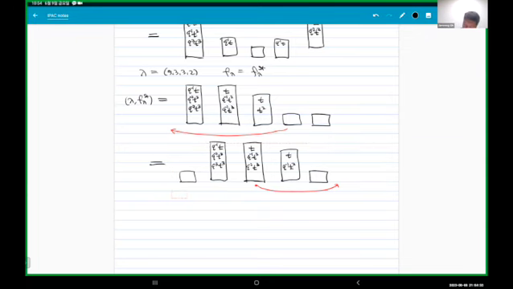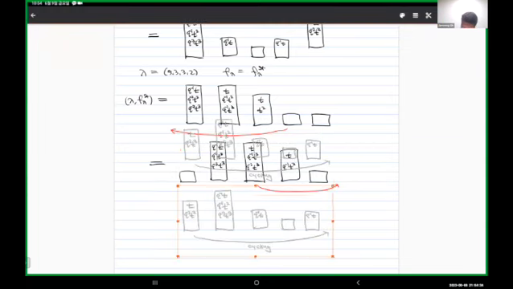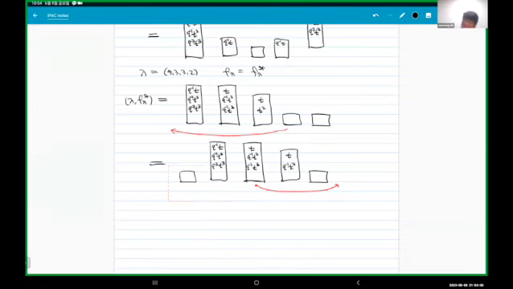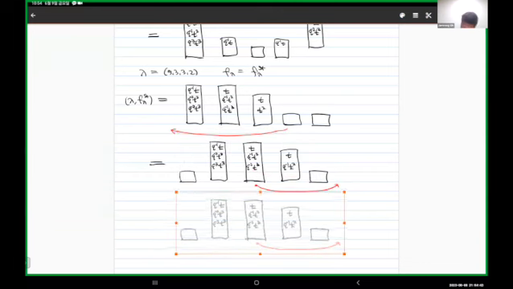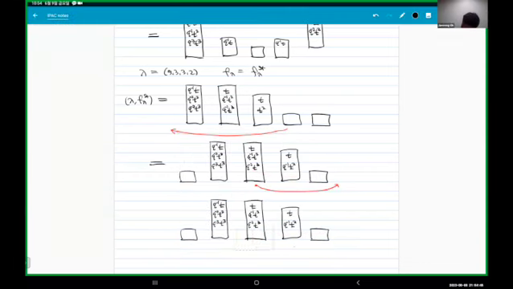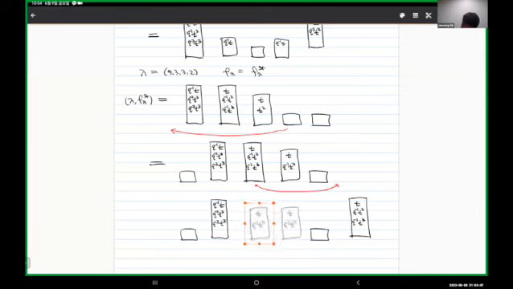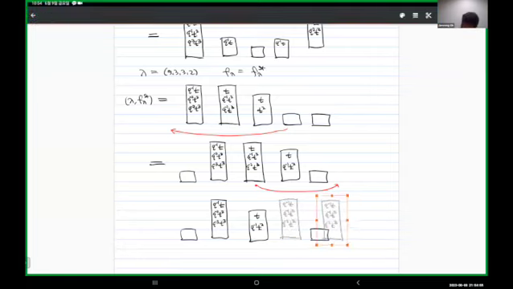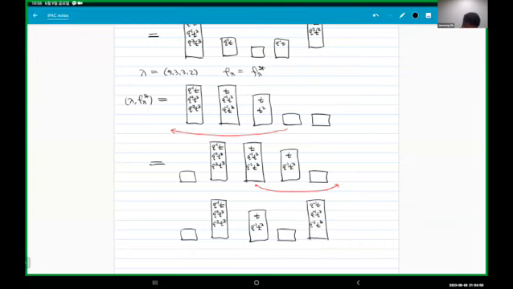And this will give us something like this. And then applying the column exchange rule once again, we obtain a field diagram like this.